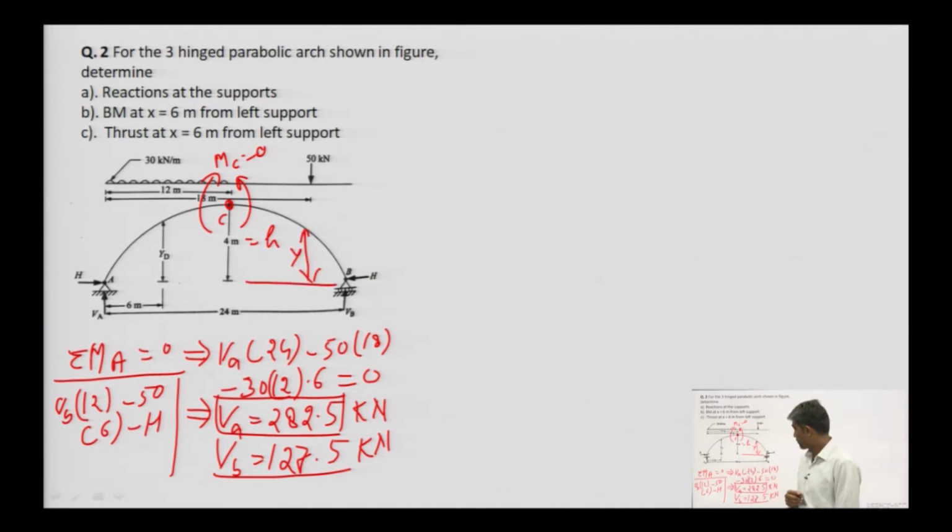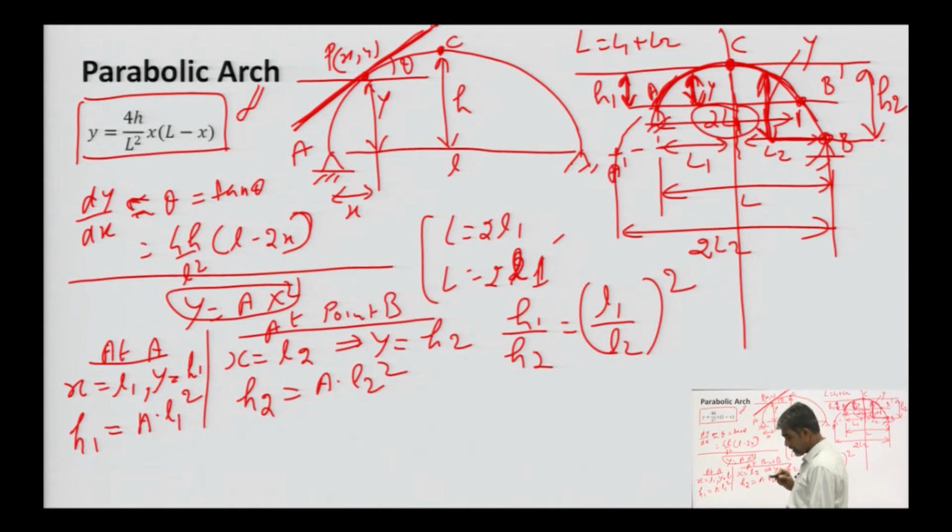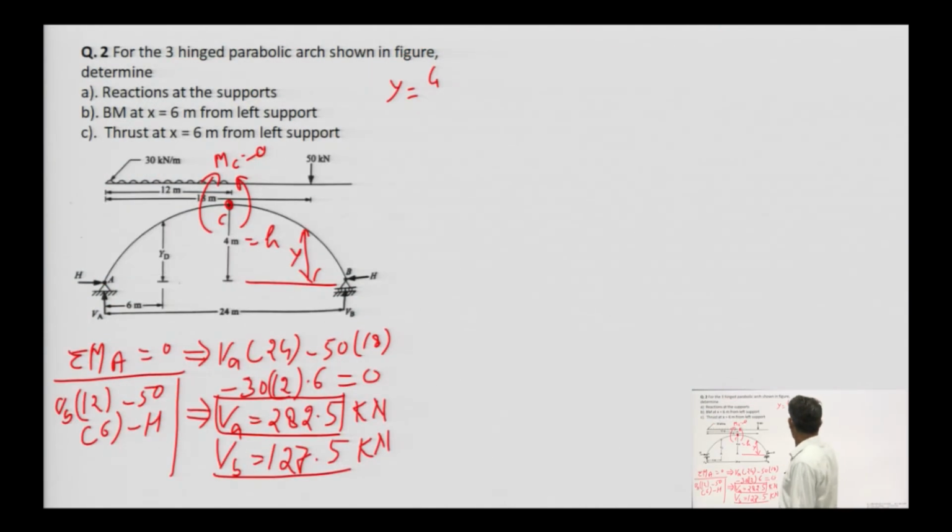Y is what we need to calculate, so we will use the equation of parabola. Y is equal to 4h upon L square, x into L minus x.